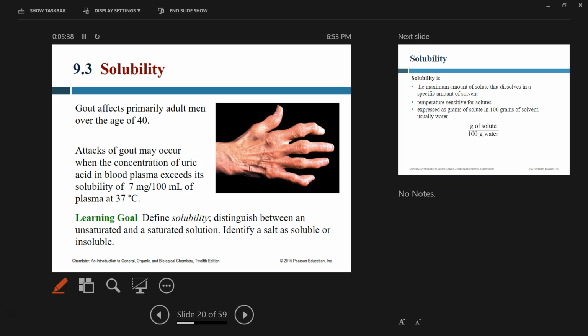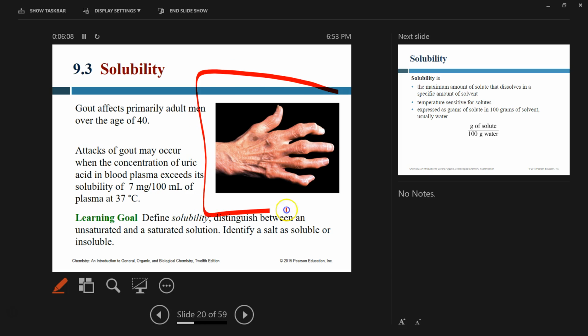It's like with sugar. You can add more and more, but at some point, that is it. So every solute has its solubility, which is basically the maximum amount of solute that can be dissolved in a specified volume of a solvent. And it's important to know.